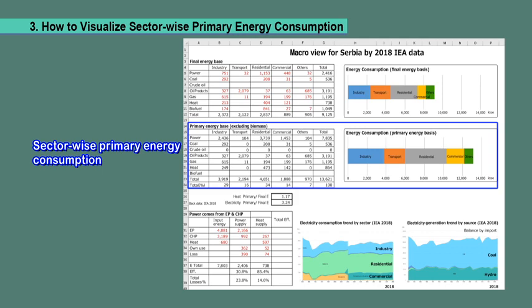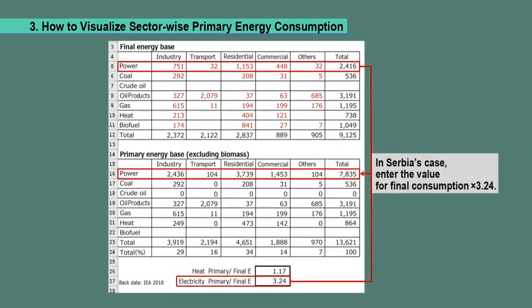The last is the middle part, the core of this sheet. For electricity consumption, it's the ratio between primary energy consumption and final energy consumption. In Serbia's case, multiply final electricity consumption by 3.24.